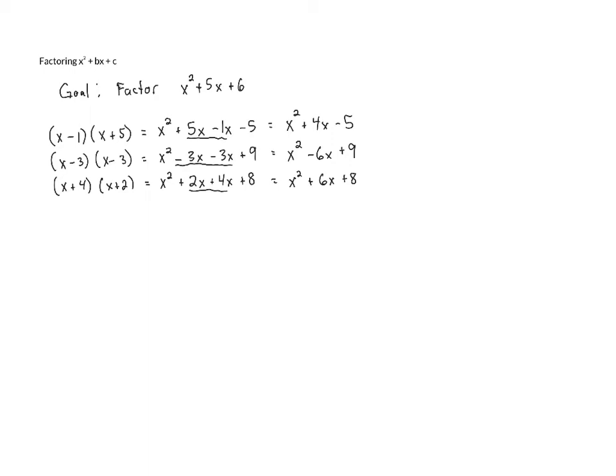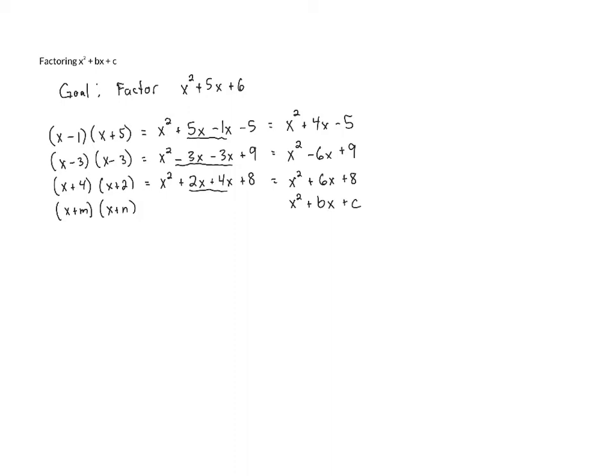All right. So I want to point out, every time we're multiplying a binomial like x plus m times another binomial, x plus n, in the end, we end up with something that starts out with x squared, and then we have a term that's some number times x, and then we have a constant term.